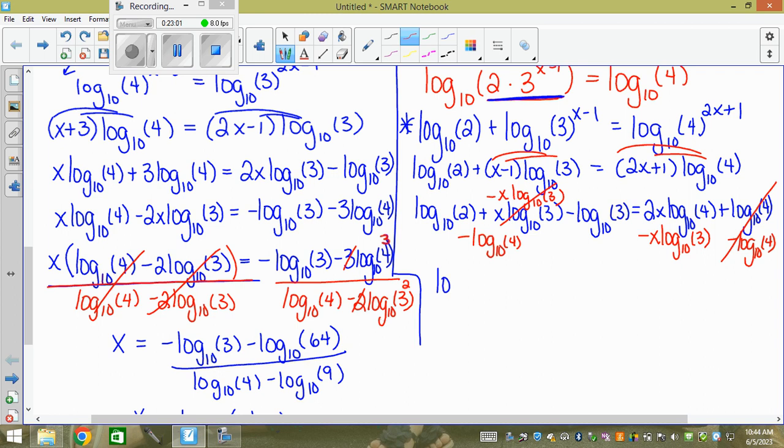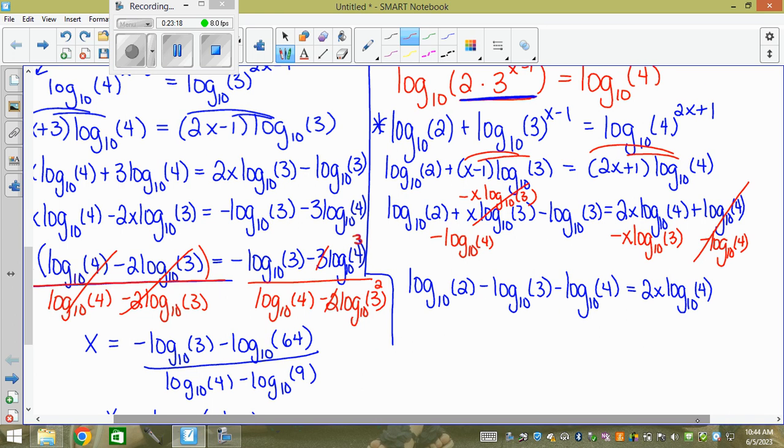I'm going to get log base 10 of 2 minus log base 10 of 3 minus log, well, it's going over 10 of 7. What's my next step then? I got the x to one side for a reason. Why? I have to take out that x, that GCF, that x just stays the same.